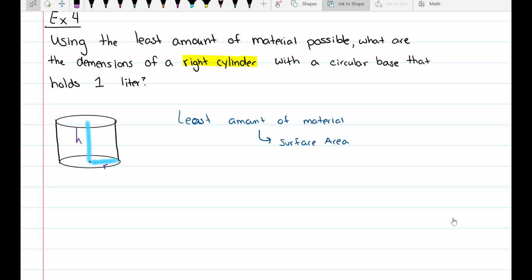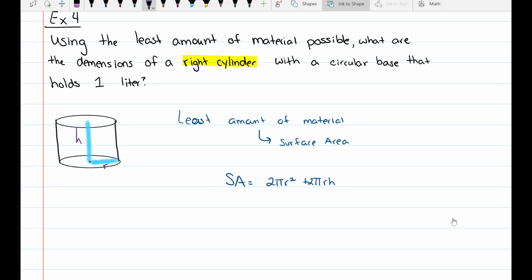Well, we need to know our formula for surface area, and the surface area for a cylinder is 2 pi r squared, which represents the top and the bottom circle, plus 2 pi rh. That is the round part of the can on the sides.